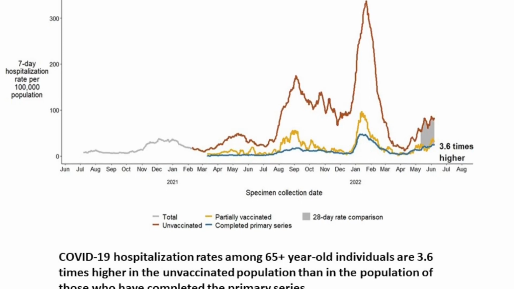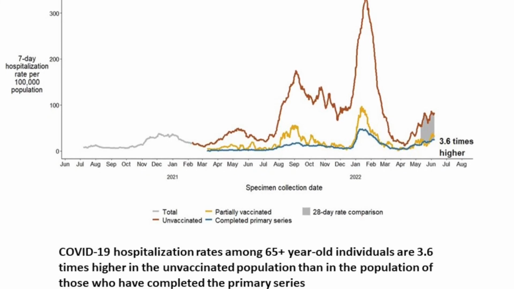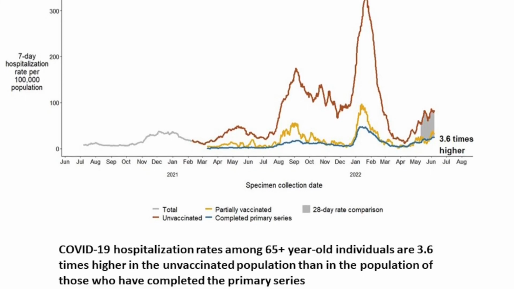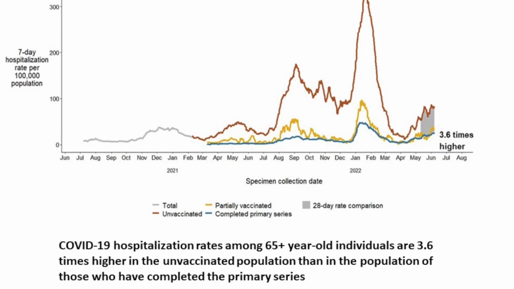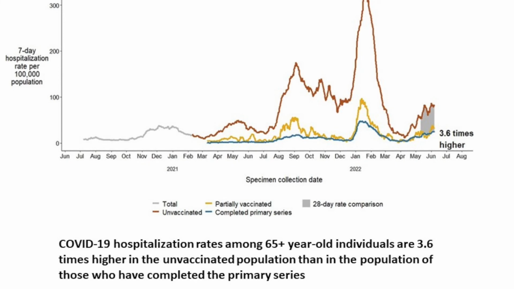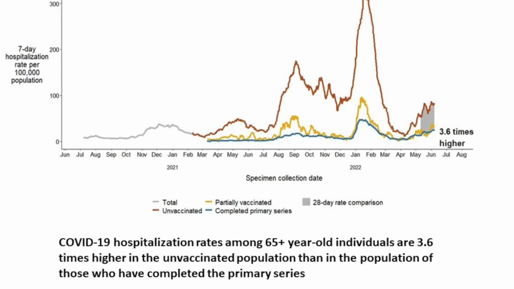Basically, COVID-19 hospitalization rates among 65-plus-year-old individuals are 3.6 times higher in the unvaccinated population than in those who have completed the primary series.